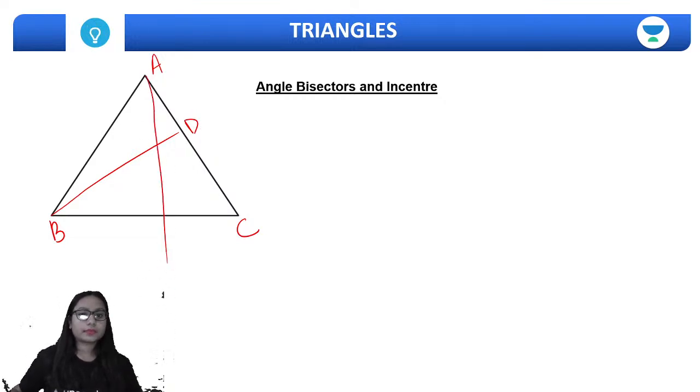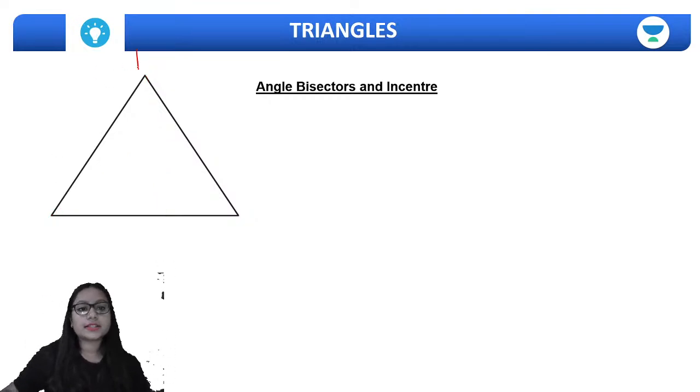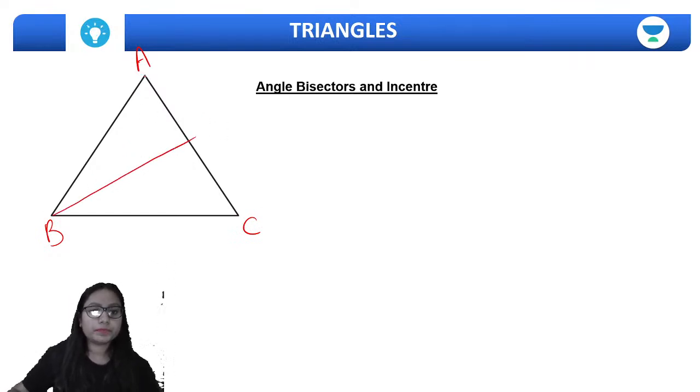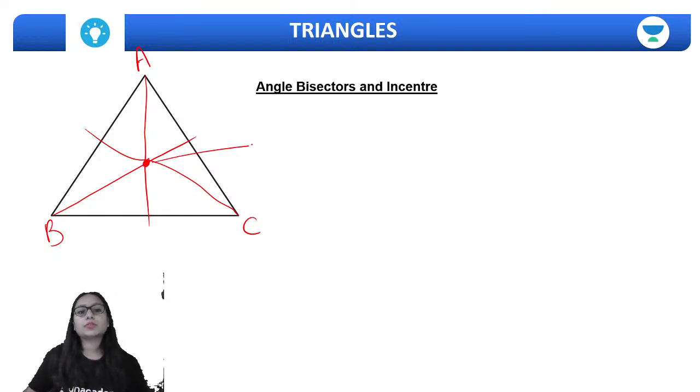Sorry, let me just draw a better figure. If this is a triangle ABC, this line denotes the angle bisector of B, this is the angle bisector of A, and this is the angle bisector of C. Their point of intersection is known as the incenter. So incenter is the point of intersection of angle bisectors.